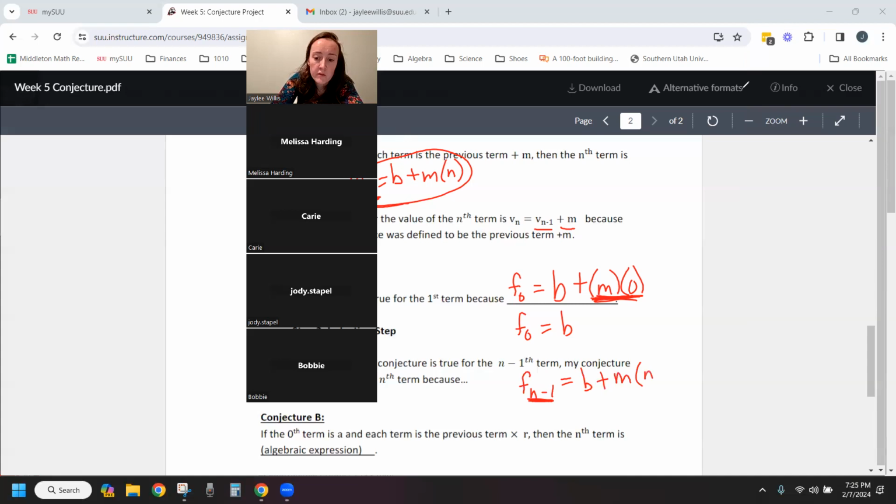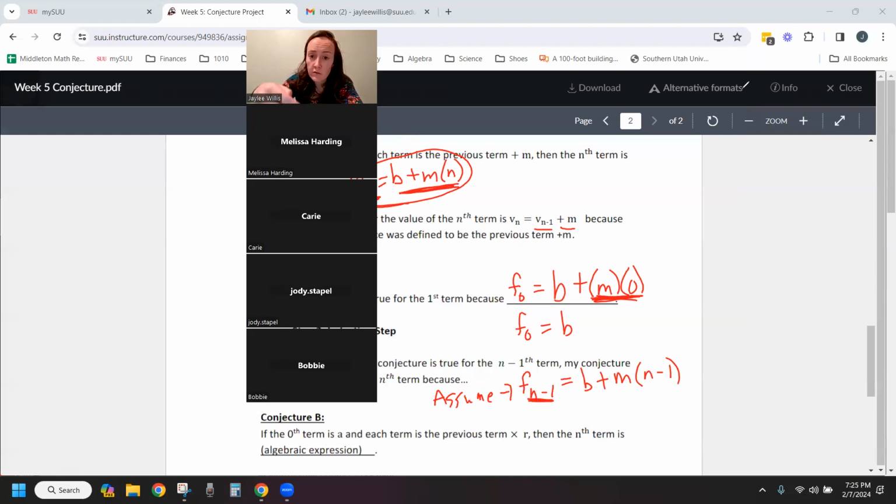We're going to assume that it's true for the n minus 1th term. So we're assuming this. And then what we want to prove is that the nth term equals this.